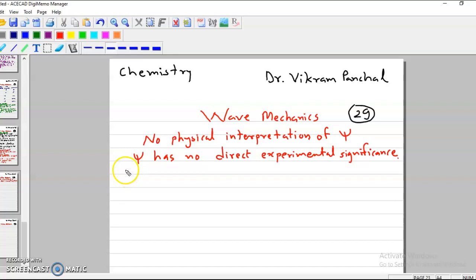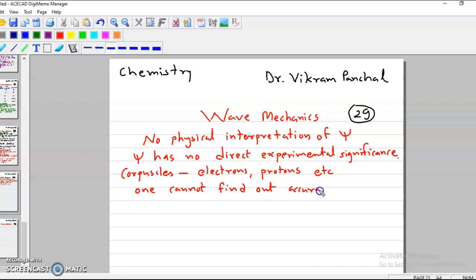According to Heisenberg's uncertainty principle, for small microscopic particles, or corpuscles, meaning electrons, protons, etc., which are very, very small particles, we cannot find out accurate position and velocity simultaneously. So this is the interpretation of psi.